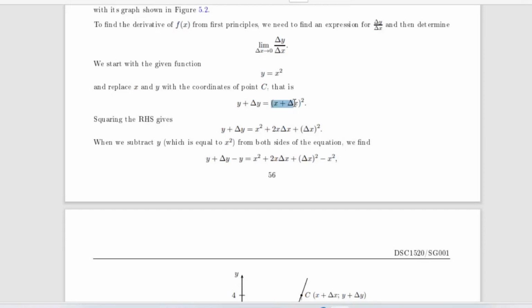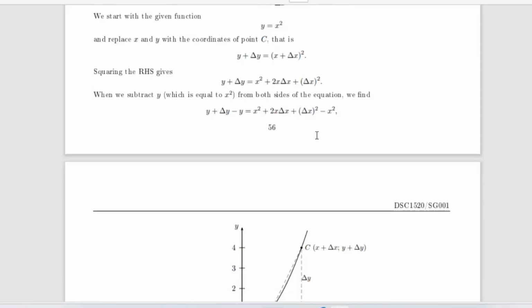When we expand this, I think Collins agreed that we end up having x squared plus 2x change in x plus change in x squared. But now when they say, what are these people saying? That's squaring the right-hand side.